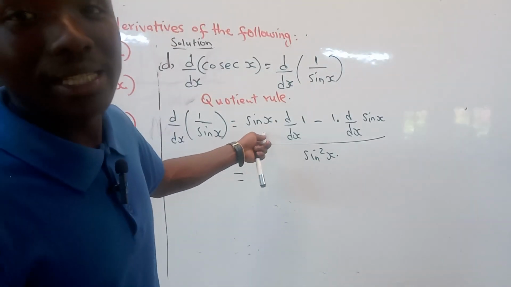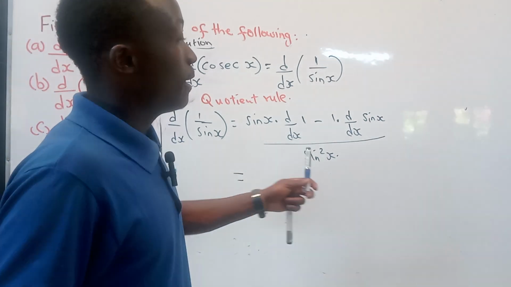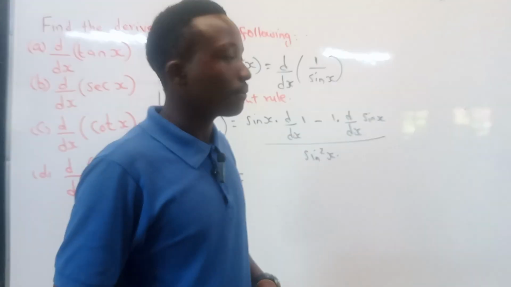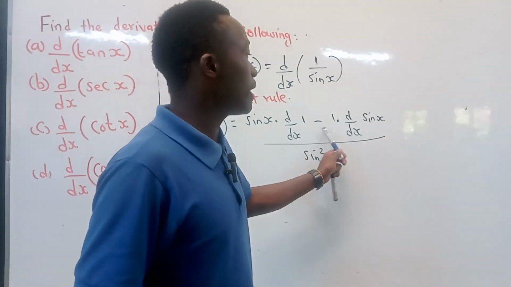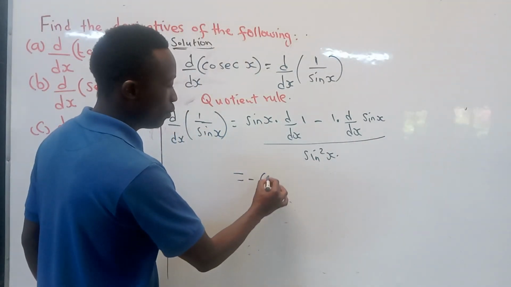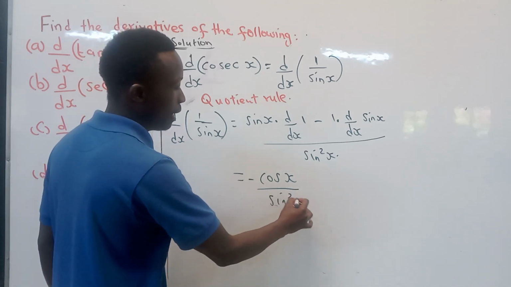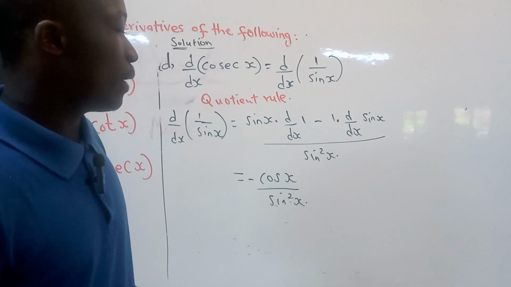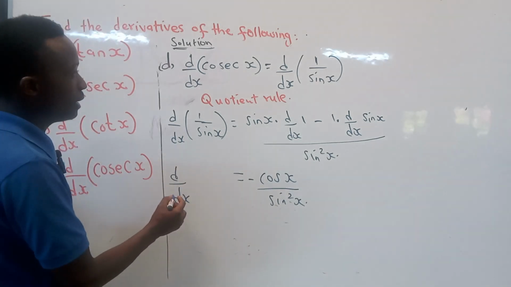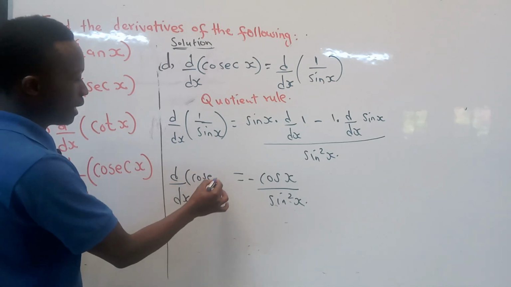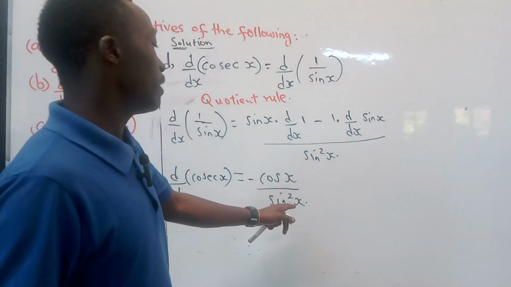A 0 multiplied by sine x, we are going to get 0. Then the derivative of sine x is cos x. So cos x times negative 1 will be equal to negative cos x over sine squared x. So that implies that d over dx of cosec x is equal to negative cos x over sine squared x.